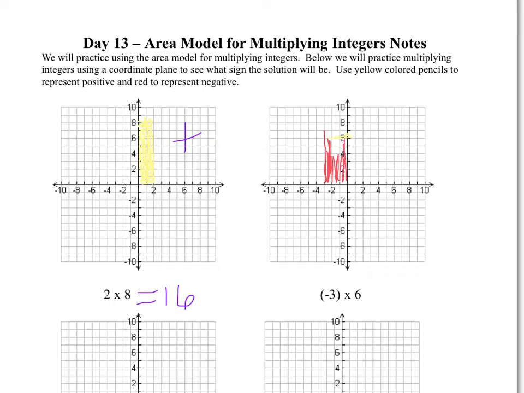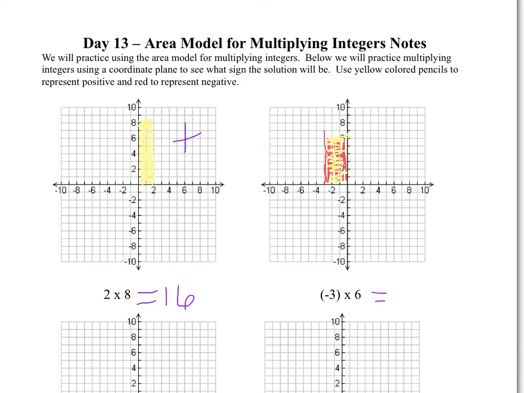Sorry for my crude coloring. I'm certainly no artist. Now we're going to color our 6 positives with yellow. Now we have red and yellow mixed together, which actually makes orange. On here it doesn't look very orange, but you get the concept. We're just going to call it a fictitious orange.